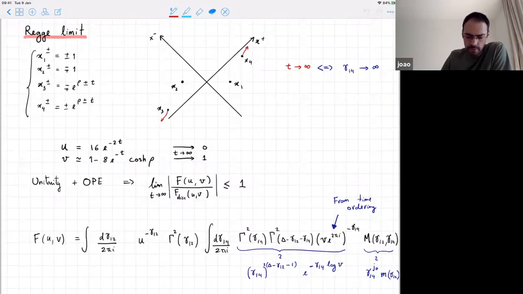The bound comes from, you take this Lorentzian limit, and this Lorentzian limit is related to the Euclidean limit by some analytic continuation, which introduces some phases in the OPE. There's one OPE channel that still converges, but now converges with phases. So you use unitarity to say that the coefficients are positive, and therefore the sum cannot decrease. So this Regge boundedness uses unitarity and OPE convergence. Thank you.